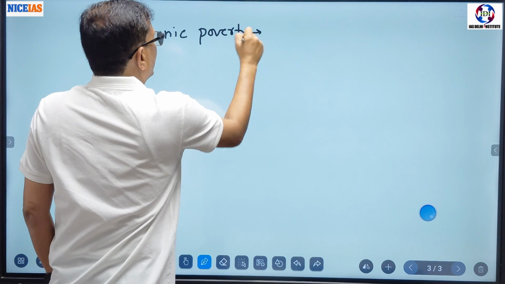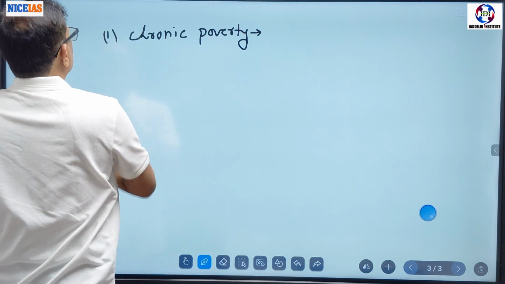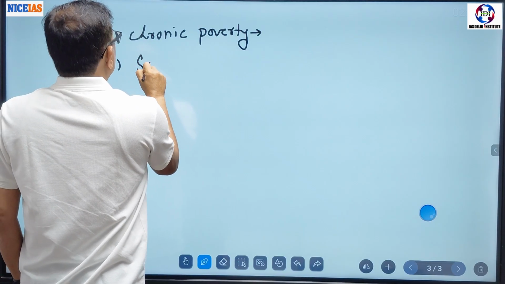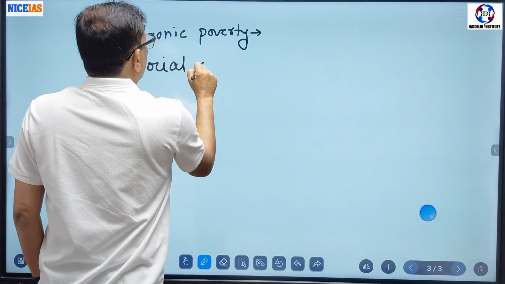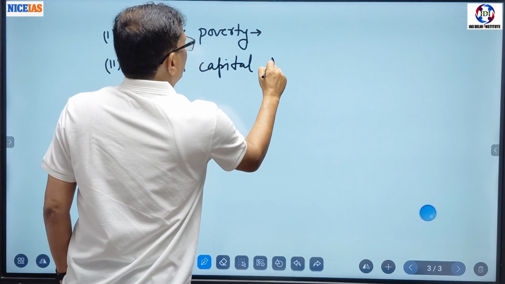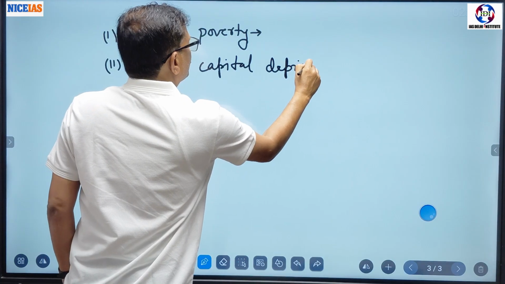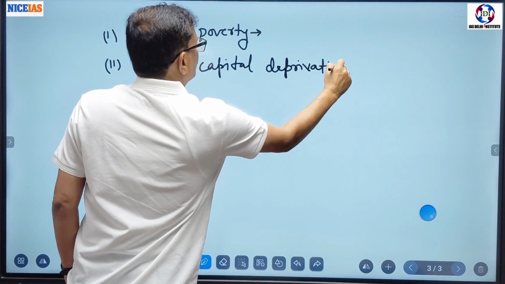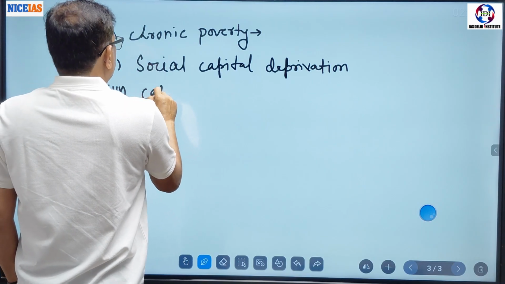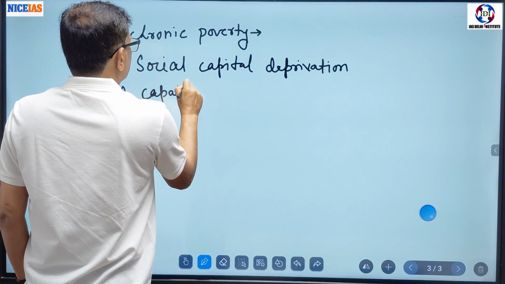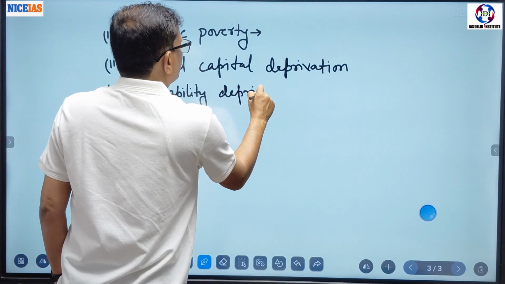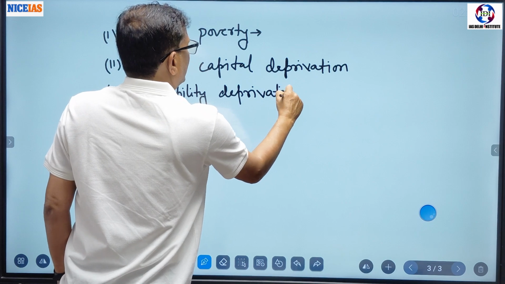Then we have to define what is social capital deprivation, and next capability deprivation.